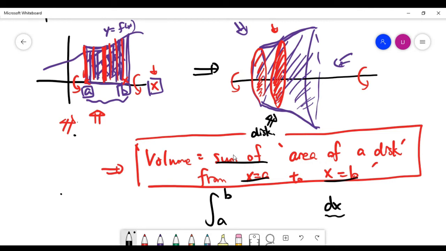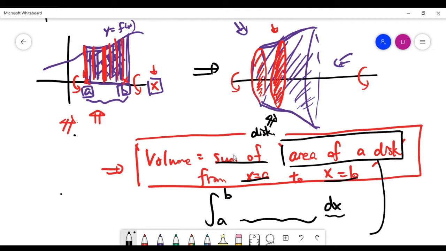So I have to put the x here to represent the fact that you're going along the x-axis. And what is the item inside? The item here corresponds to the area of a disk. Because our disk here is always circular, the formula is the same as the area of a circle. The area of a circle is what? It is pi r squared, right? So let me put it in. The area formula is actually pi r squared.